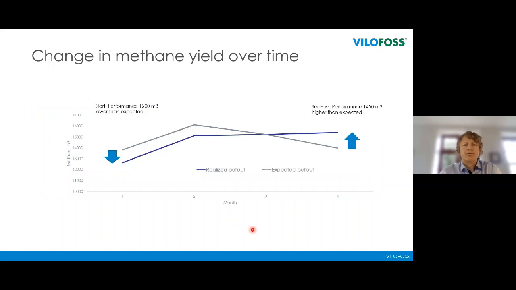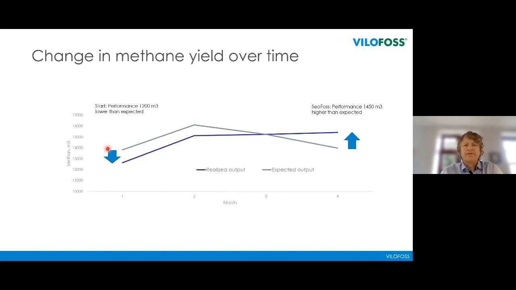Here we see the results. On this graph here, we have both the realized output and the expected output. The expected output of methane was calculated from each of the components supplemented per day, multiplied by the expected value of this component. And the realized values came from the control system of the plant.